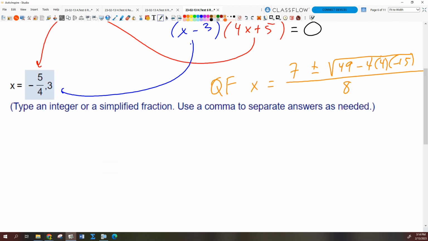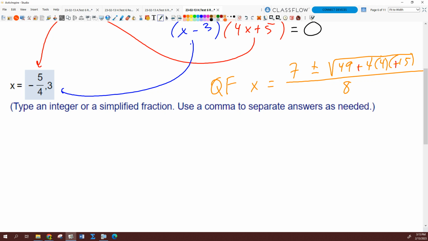Okay, and if I'm inside the square root and I'm subtracting a product involving a negative, it's positive, right? Inside the square root, if I've got an even number of negatives, I can just make those positive.